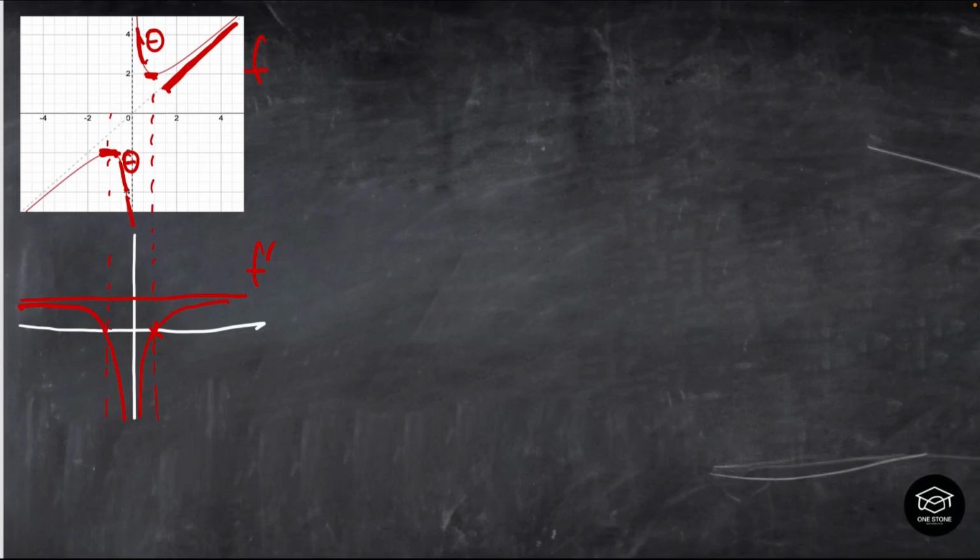Now for the second derivative. Since f prime has no local maximum or minimum, f double prime never equals 0. For x greater than 0, the slopes of f prime are all positive, but gradually decrease towards 0. As x approaches 0 from the right, the slopes shoot up toward positive infinity.